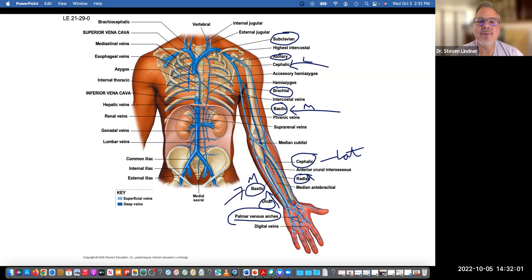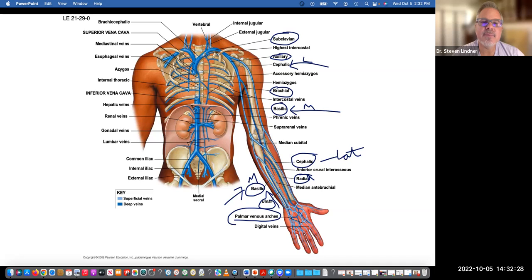It's going to drain right here into that subclavian, and then the subclavian leads into the brachiocephalic right here. That's the brachiocephalic trunk, but this is the left brachiocephalic trunk. There is a right brachiocephalic as well, and there's a left.